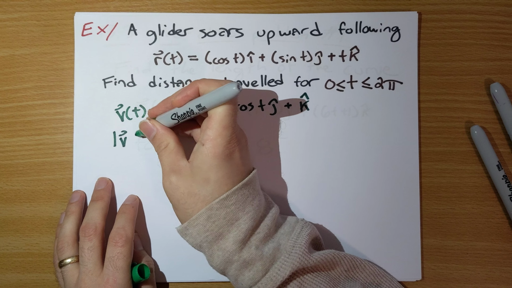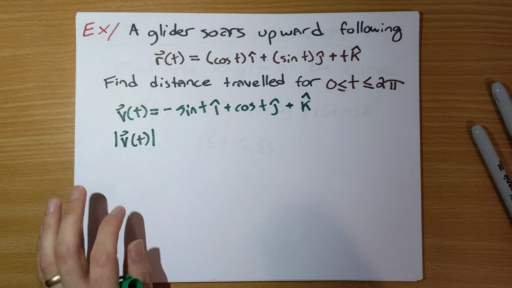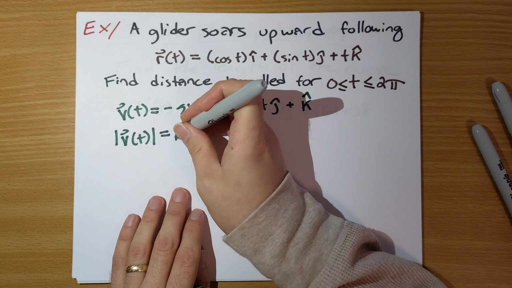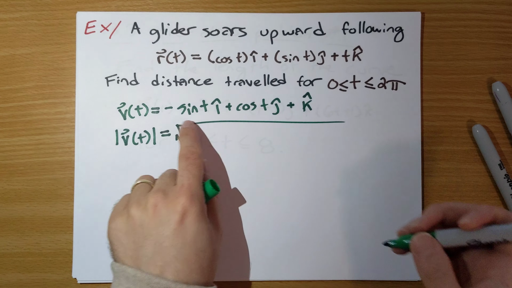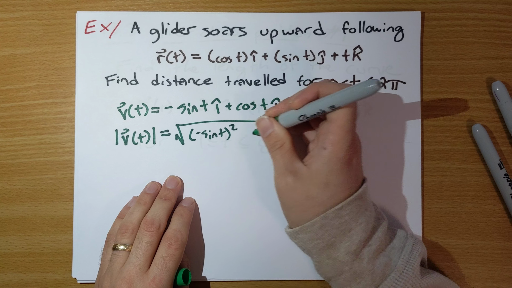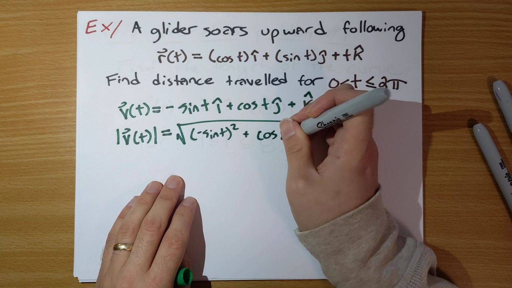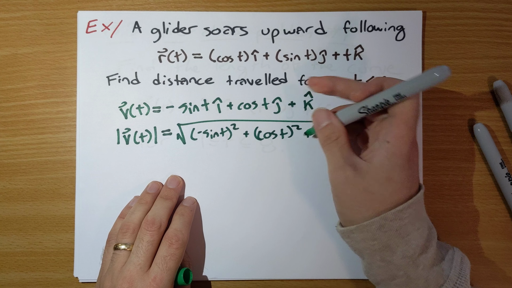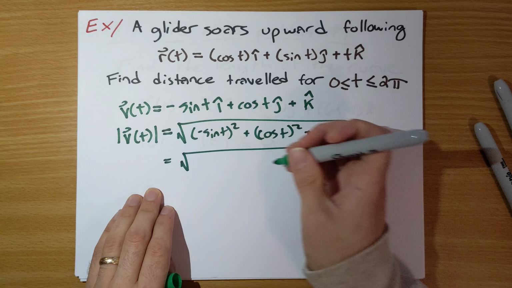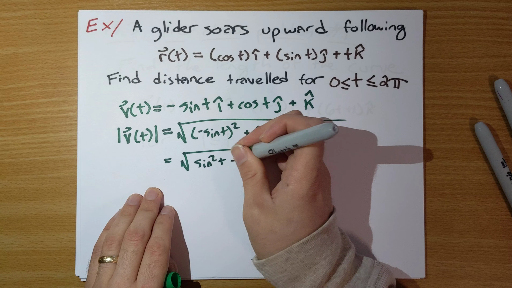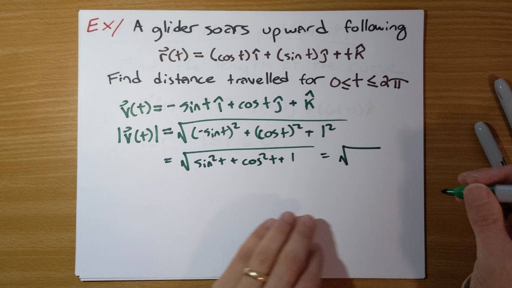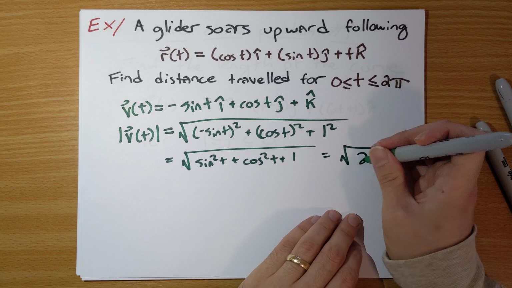And so now we care about the speed. To find this, we take the square root of the sum of the squares: negative sine t squared plus cosine t squared plus the component there is 1 squared. This just ends up as sine squared t plus cosine squared t plus 1. Sine squared t plus cosine squared t is 1, so 1 plus 1 is 2.